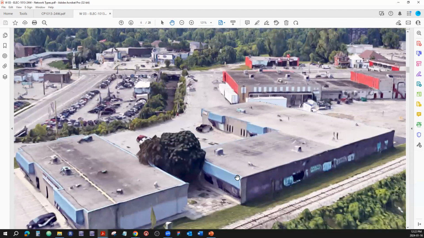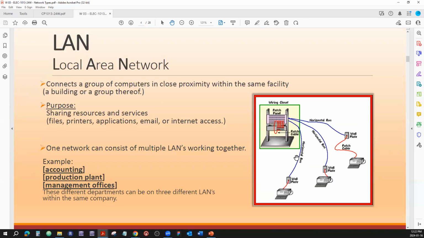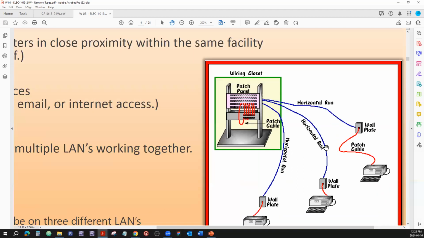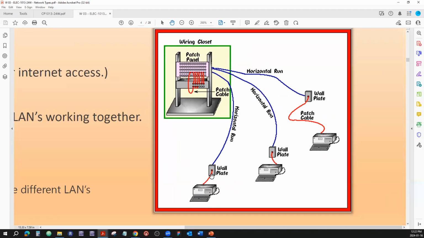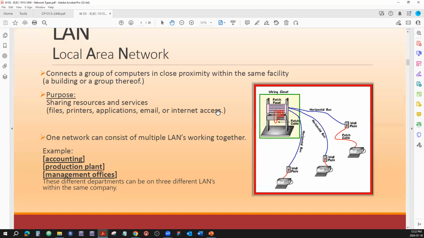Let's just choose, for example, one main building. Let's say this is the main building, and it will have a LAN room somewhere, maybe in this corner here. Now, by looking at this analogy, there will be a bunch of Ethernet jacks from which the cables home run to that LAN room.